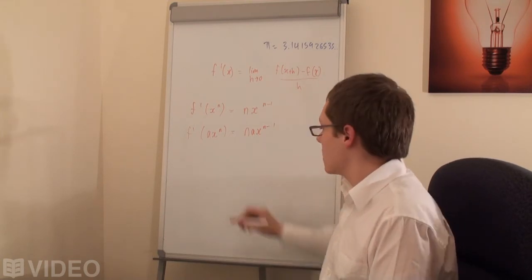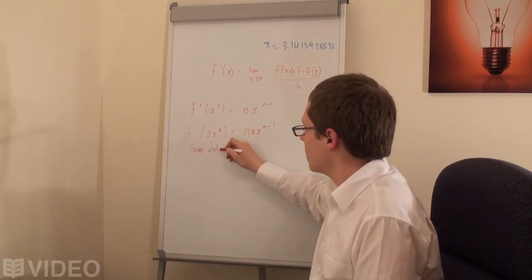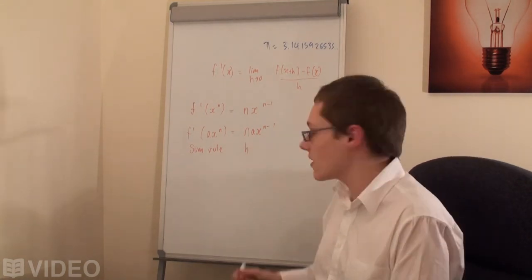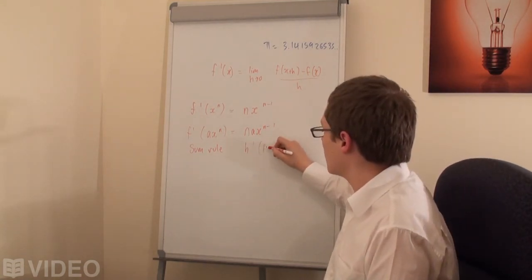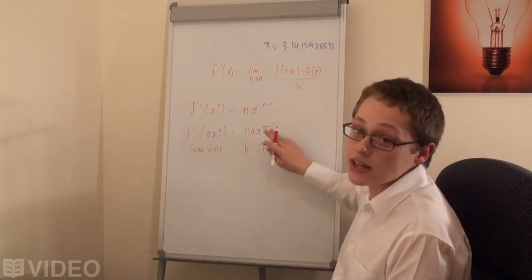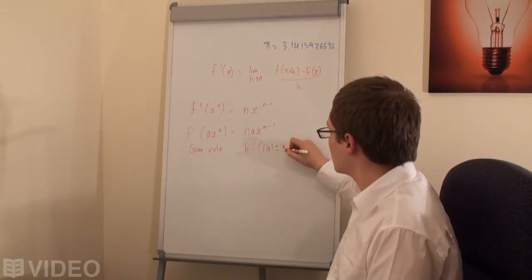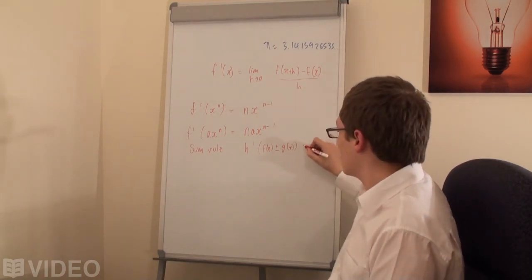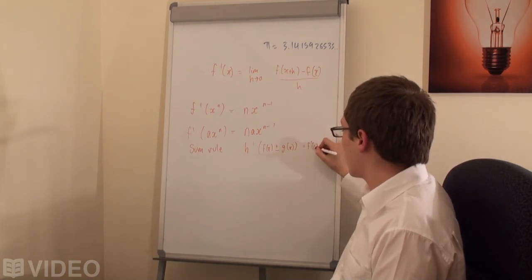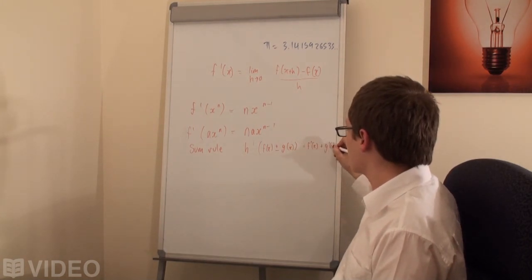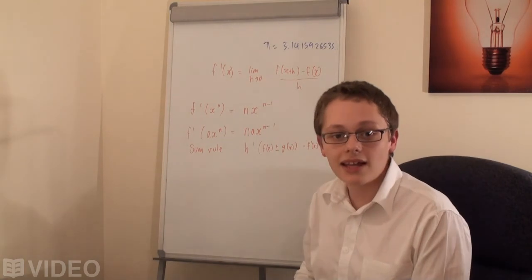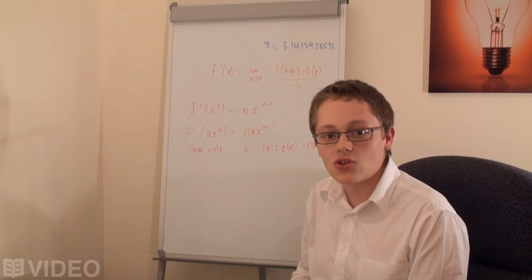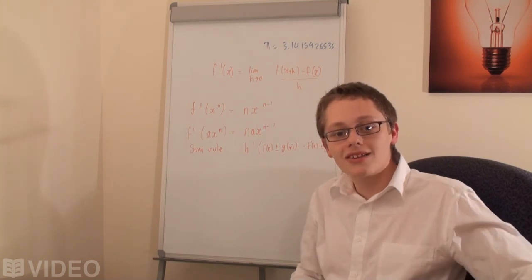And lastly, the sum rule dictates that if we have, say, the h prime, so we have like the h of x as our function, but the h prime of the f of x, where f of x is just one of these terms, plus or minus the g of x, where the g of x is just another one of those terms, then if we just find the derivative of both of them individually and add them together or take them together, then we have differentiated successfully. And those are some of the fundamental and basic rules of differential calculus.